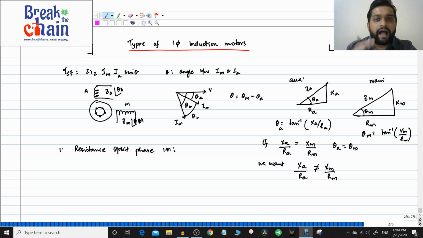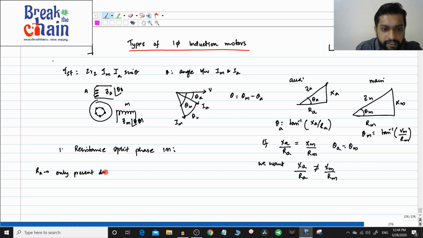Ra is the resistance of the auxiliary winding, and it is only present during the starting, right? And Rm is present throughout the working of the machine.